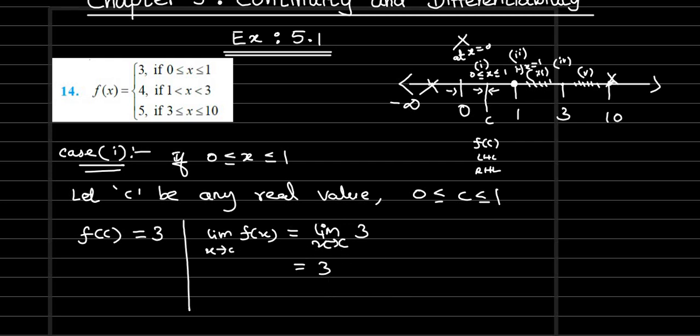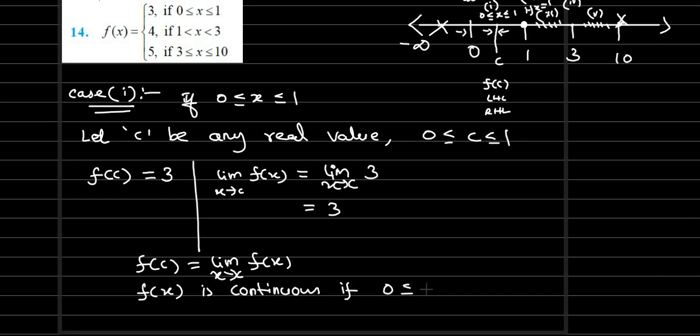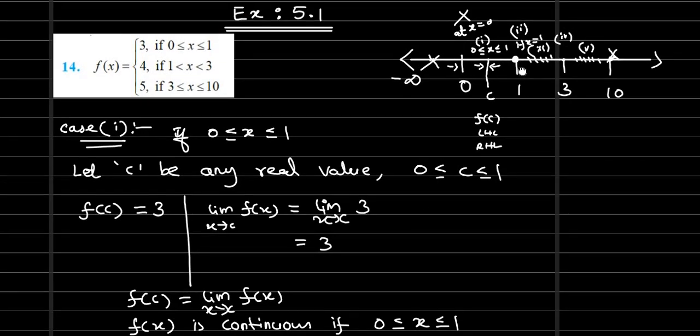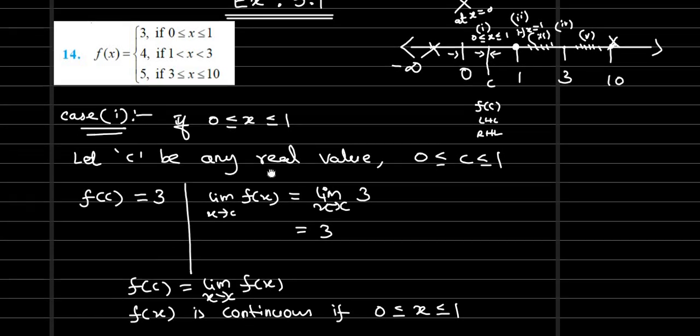Now from this what we can conclude: f of c and limit as x approaches c of f of x are the same. So f of x is continuous if x lies between 0 to 1. Next, in case 2 we have to check if x is exactly 1, whether the function is continuous or not.